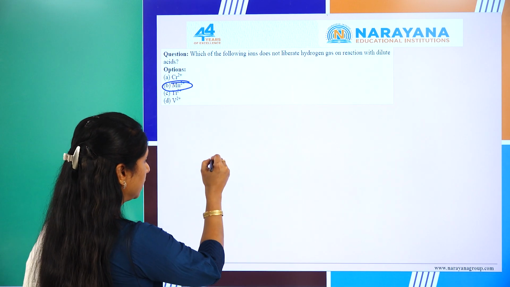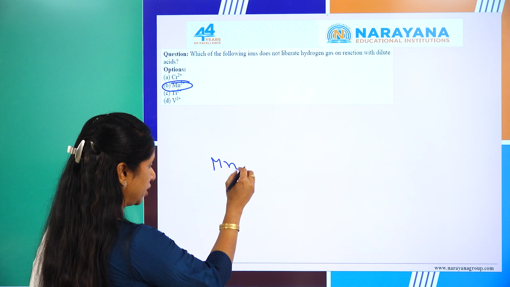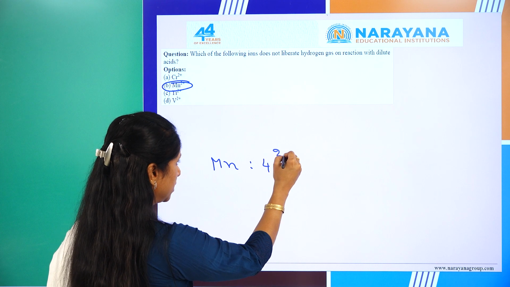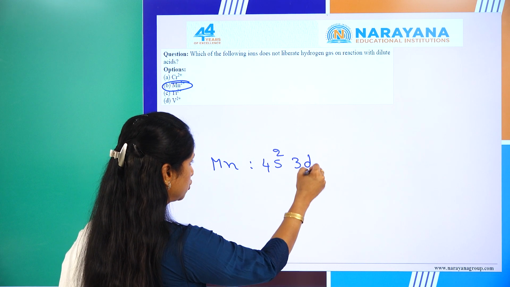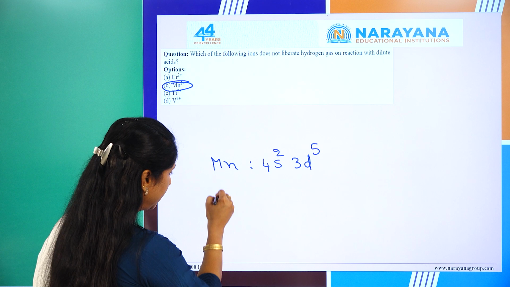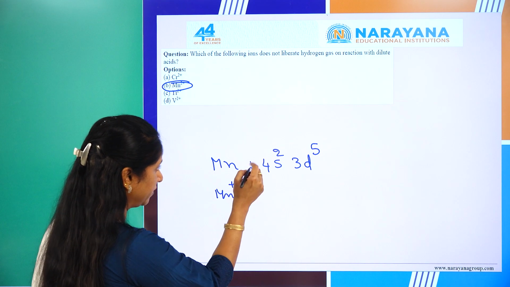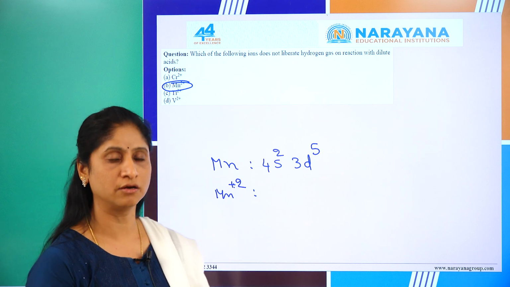In its elementary state, manganese has the outermost electronic configuration 4s2 3d5. When writing Mn2+, I should remove the electrons from 4s, because the effective nuclear charge on 3d is more than 4s.